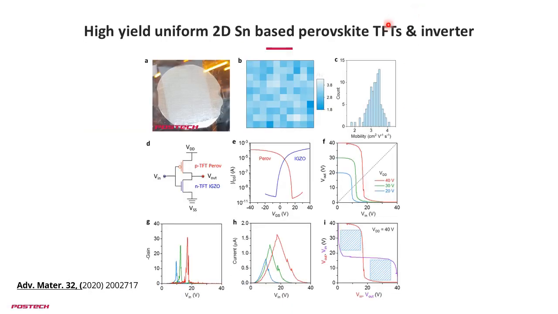We also realized large-area transistors with average mobility between 3 and 4 square centimeters per volt per second. Then the P-type perovskite and N-type IGZO make an inverter together, and it operates successfully.